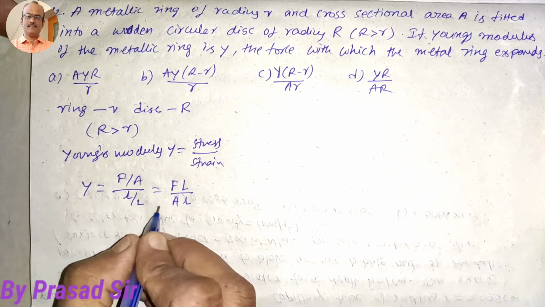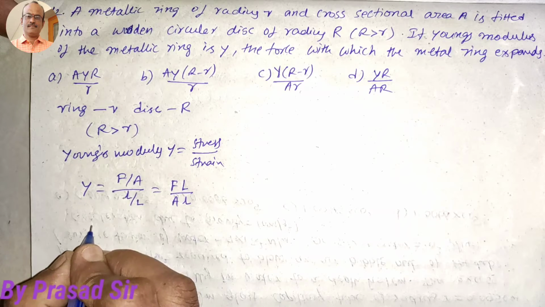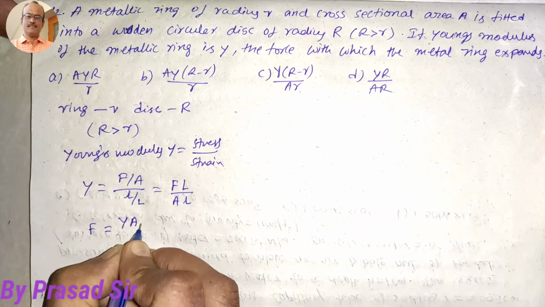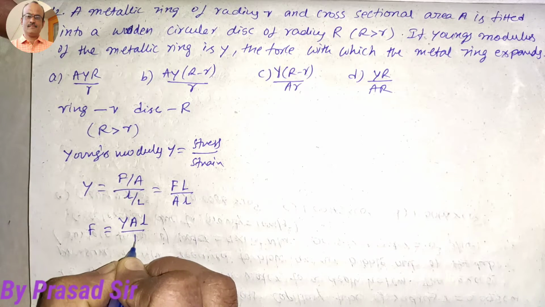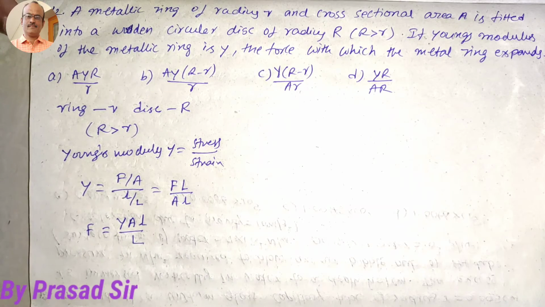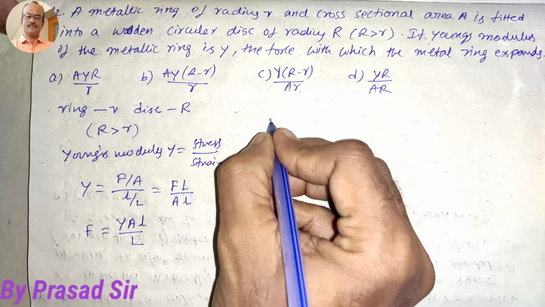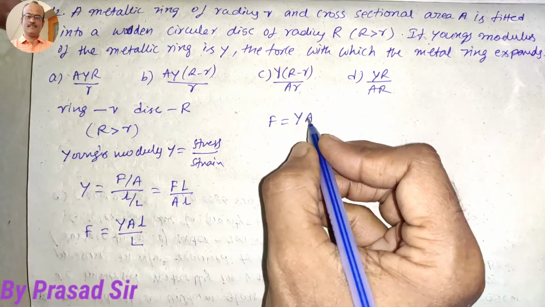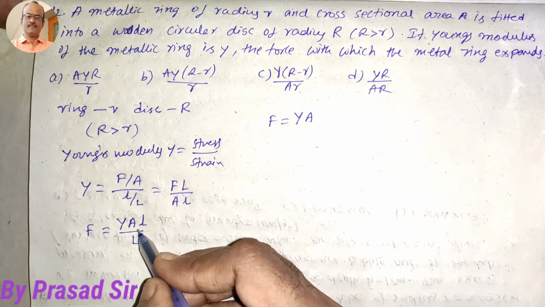From this we want to calculate the force. That force is equal to Y into A into small l divided by capital L. One thing we have to remember in this case.